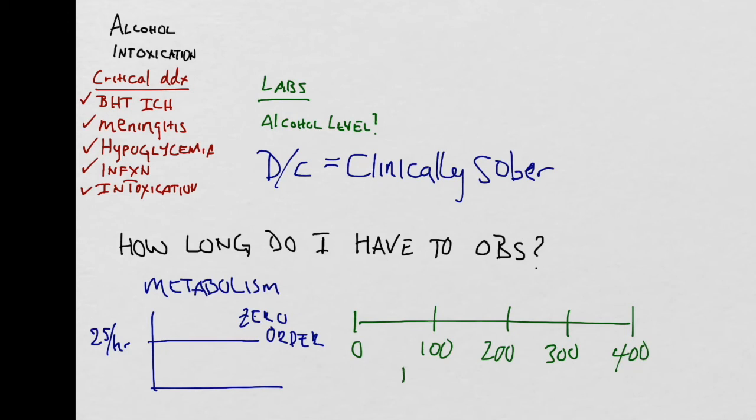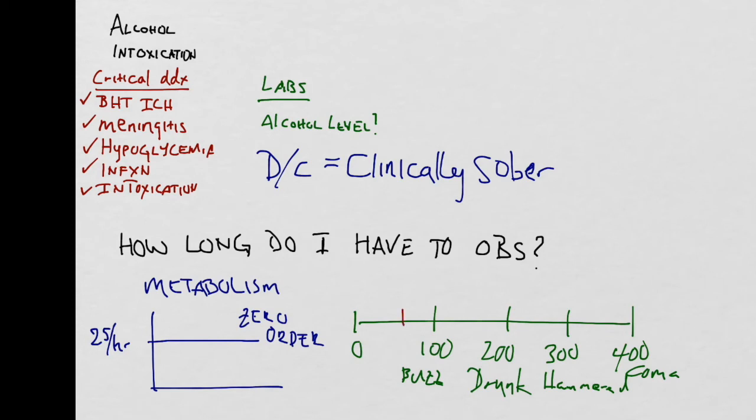At 100, the person may be buzzed. At 200, they could be drunk. At 300, they'll probably be hammered. And finally, at 400, they'll be in a coma.